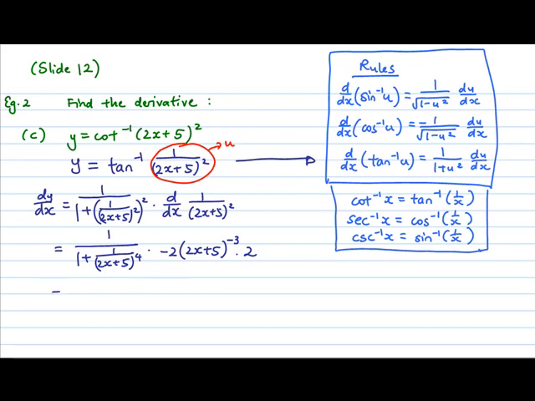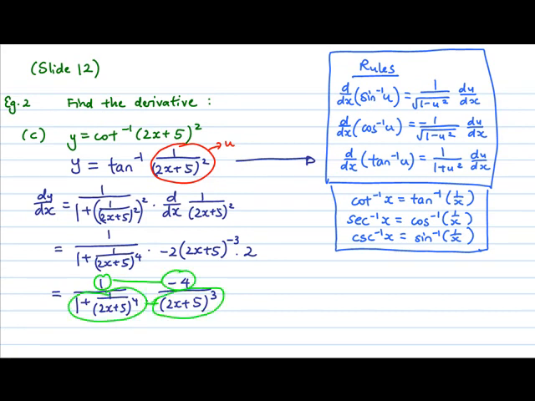Now let's continue to simplify this. On this side, I'm just going to let it remain as it is. Now on this side, I can simplify. Now what I'm going to do is take the numerator multiply to the numerator, the denominator multiply to the denominator.